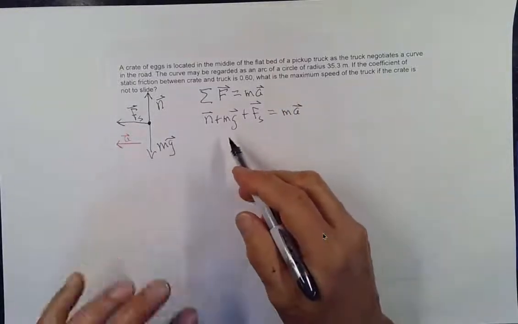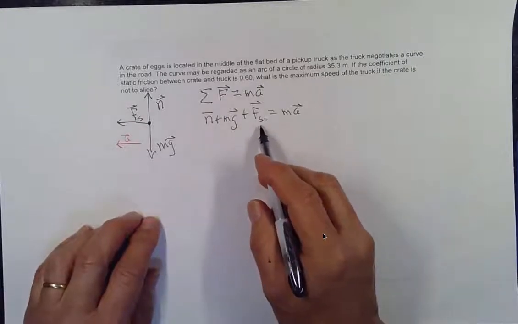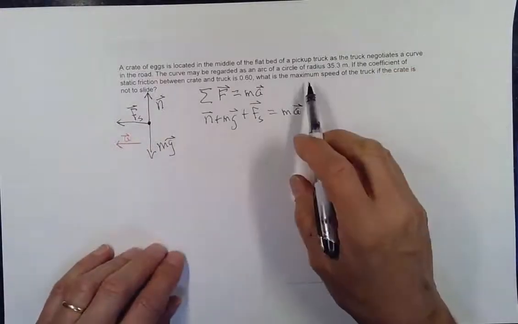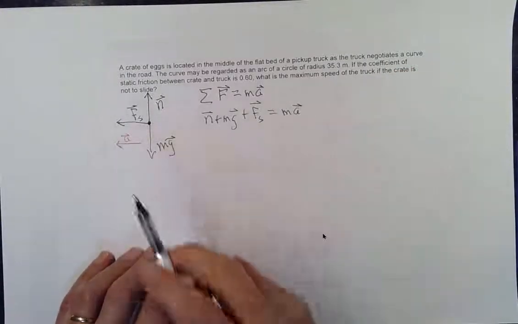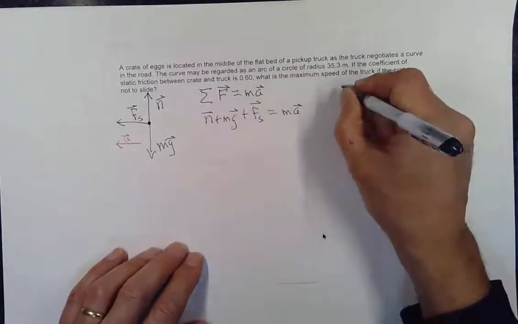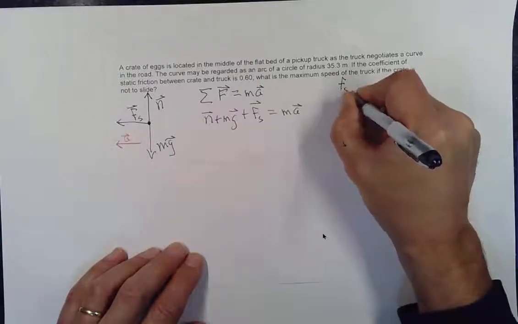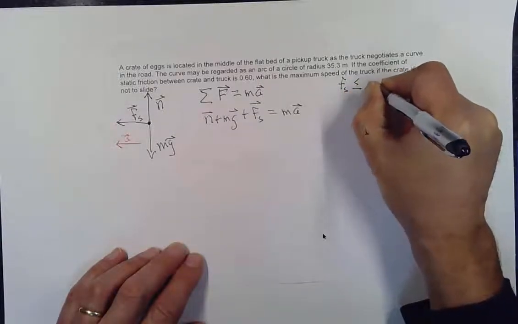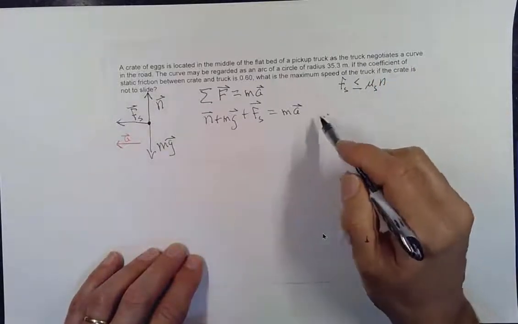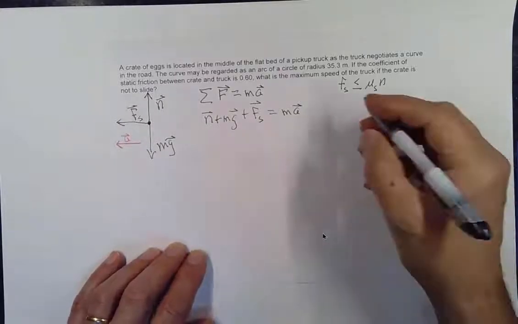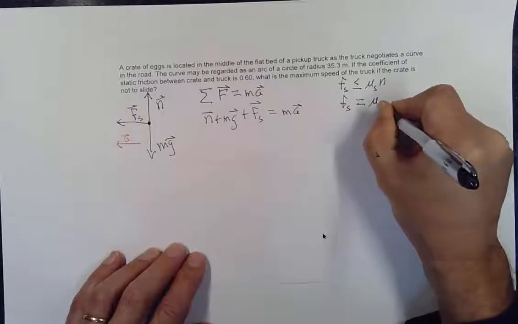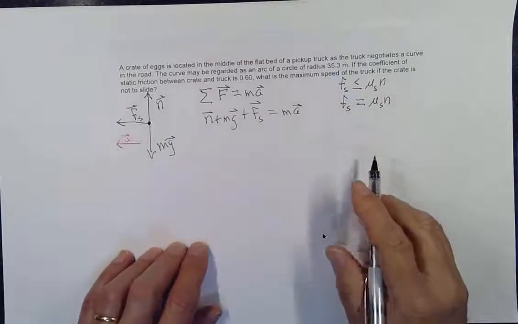Okay, with problems like this, it's got friction in it. I just want to remind myself, we want to find the maximum speed of the truck if the crate is not to slide. That means we're going to max out the static frictional force. In general, the static frictional force is less than or equal to the coefficient of static friction times the normal force, but in this particular case we're maxing that out, and so we'll have the static frictional force equal to mu sub s times N. So we're going to do that.